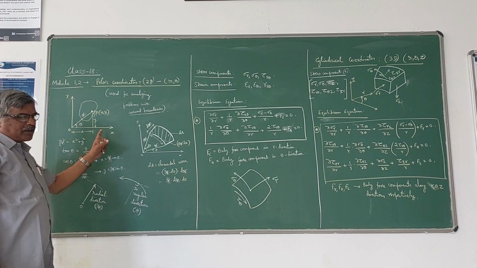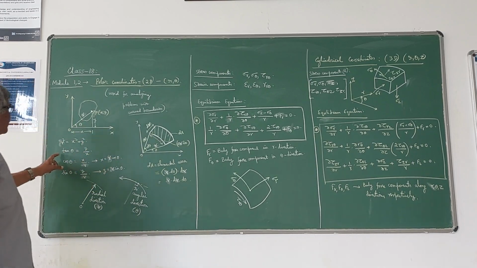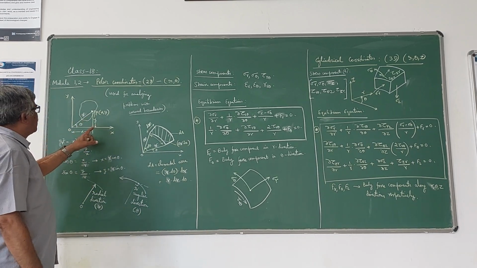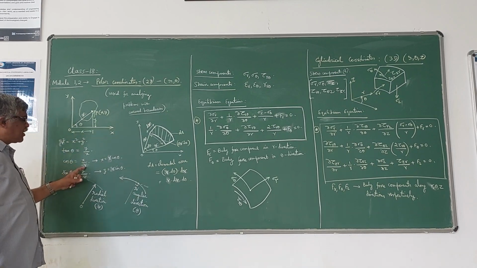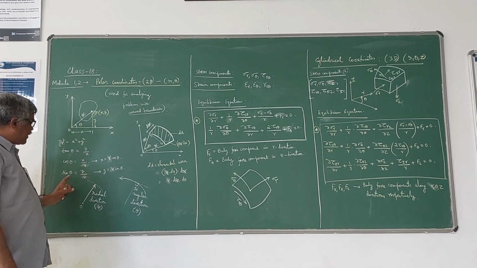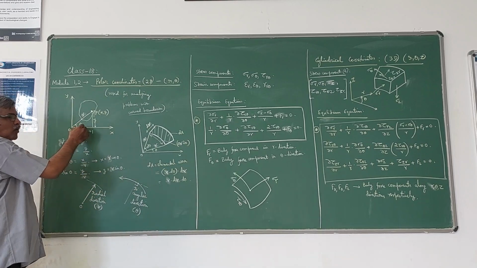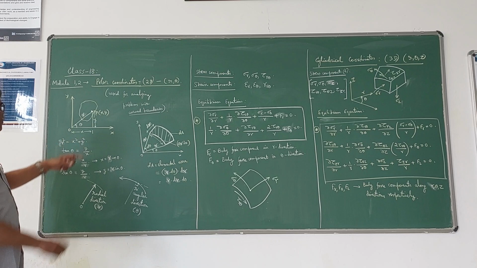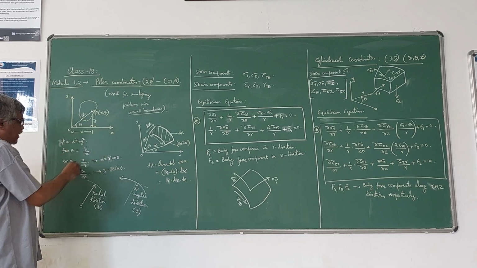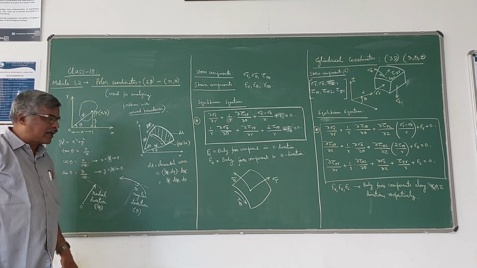From the trigonometric relationship, you can write tan theta as y by x, cos theta as x by r, or x is r cos theta, sin theta as y by r, or y is r sin theta, and r square is equal to x square plus y square according to Pythagoras theorem. This is the relationship between r, theta, x and y.